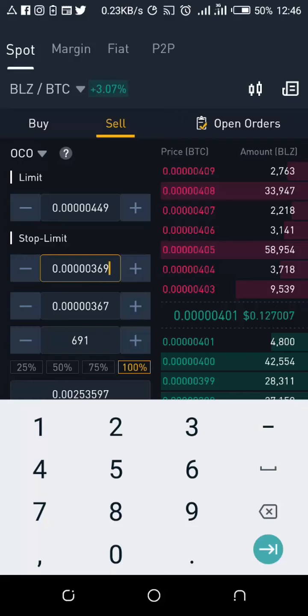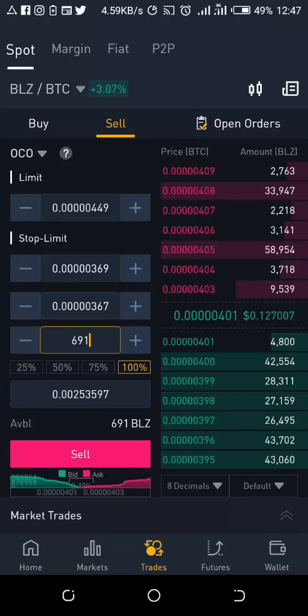If the price of BLZ gets to 369 Satoshi, our order will be placed on the order book to sell BLZ at the rate of 367 Satoshi, and we are selling it 100%, which is 691 BLZ. So we have 691 BLZ.